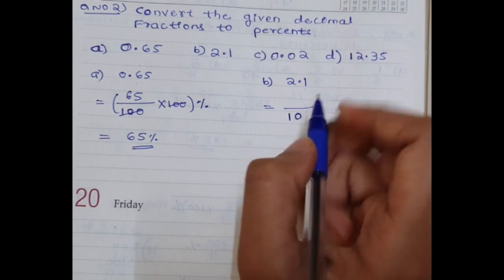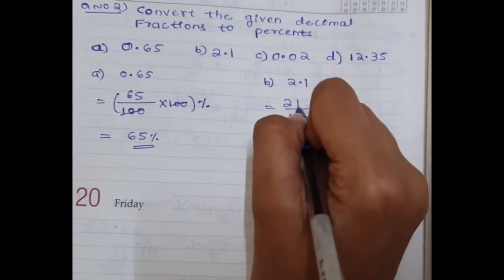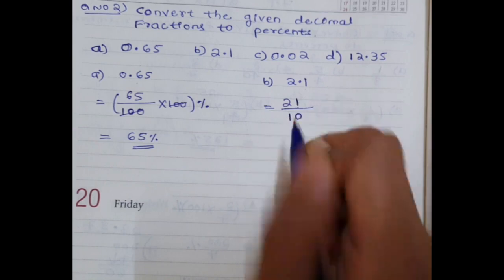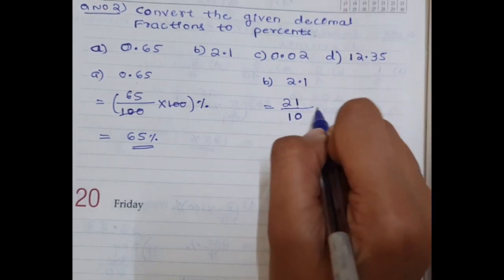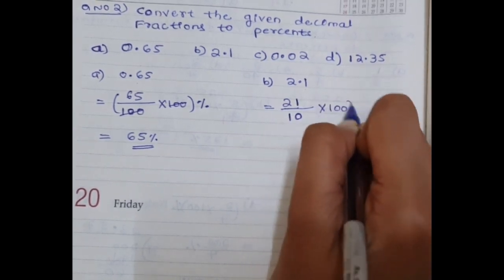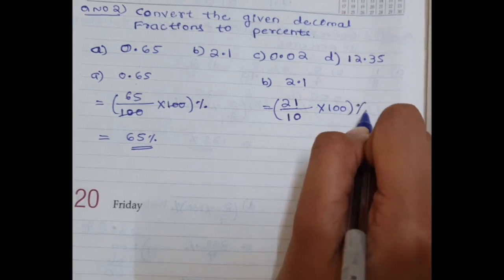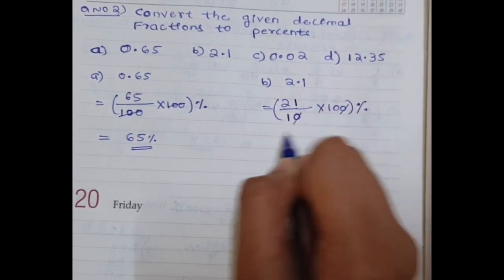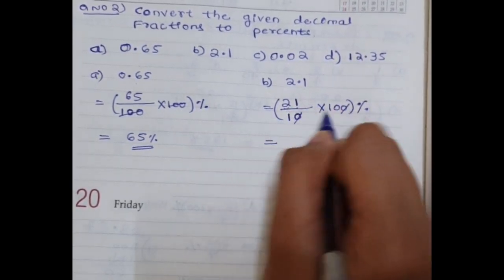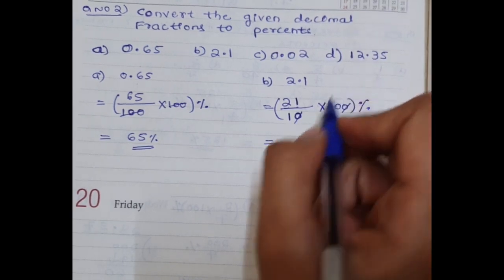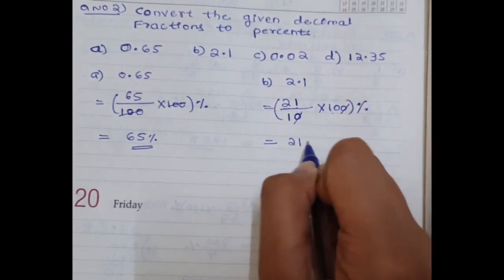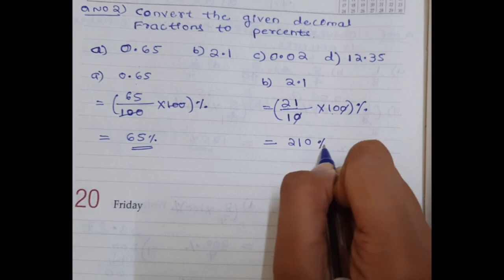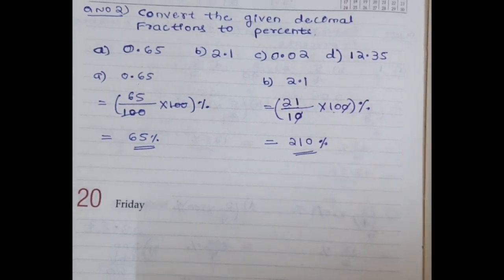So this will be 10 in the denominator. In the numerator, what should I write? A number without a decimal point. That will be 21. Now convert this into percentage. This 0 got cancelled. So the answer is 21 into 10. 21 into 10 is how much? 21 into 10 is 210 percentage.